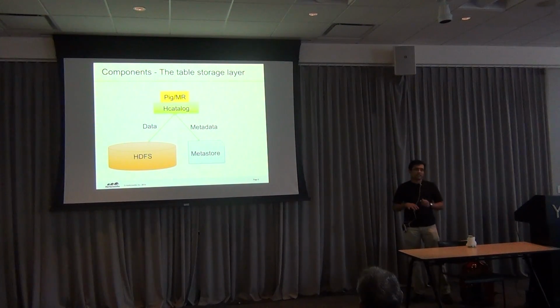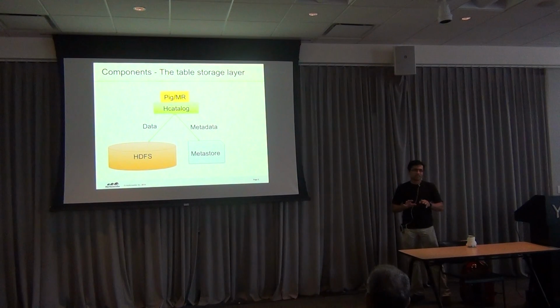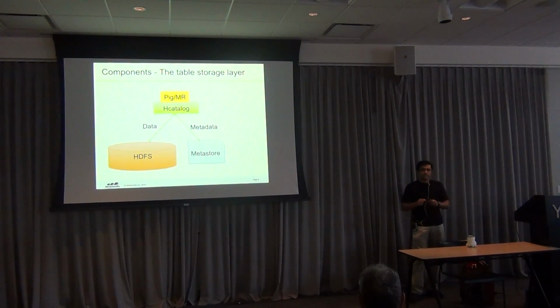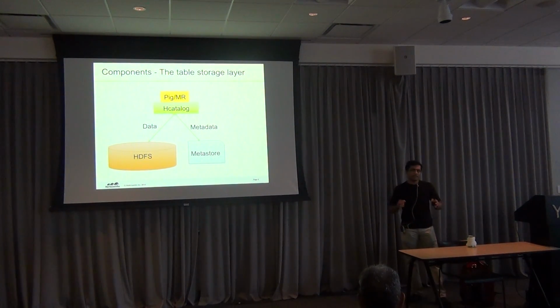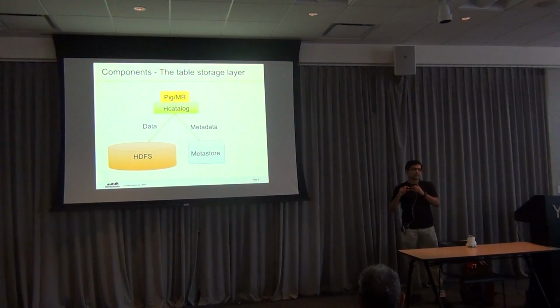Let's dig a little deeper into the first use case of Hive as a table storage. When Hive is used as a table storage by Pig, MapReduce, or let's say an MPP database, they typically use the HCatalog library in Hive.